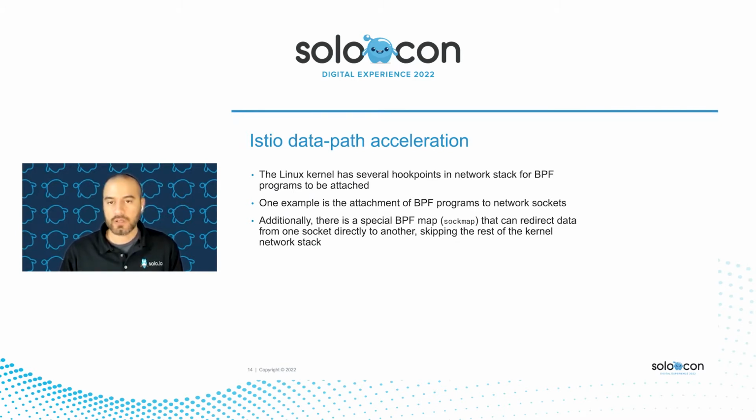And there's a special kind of BPF map, which essentially says that for this socket, anytime a request or packet is flowing to one socket, I actually want to redirect that directly to another socket. So you're keeping a map from this socket to this socket. And when you do that, you can skip all of the rest of the traversal that we were looking at. You can point directly to where you need to go.